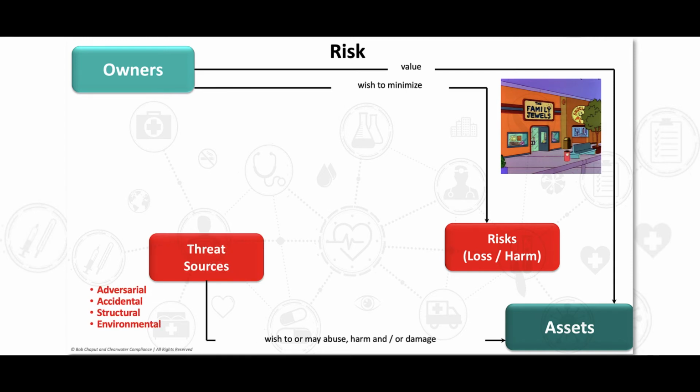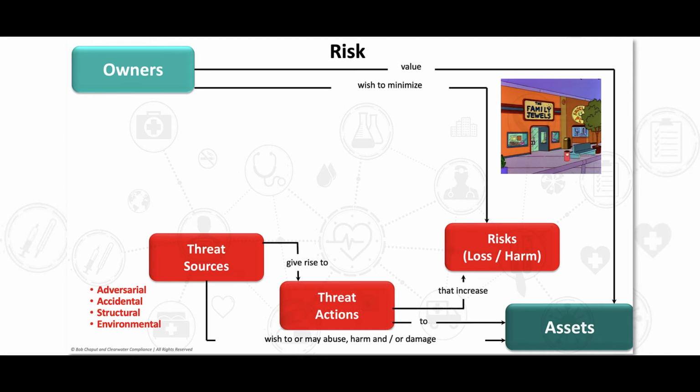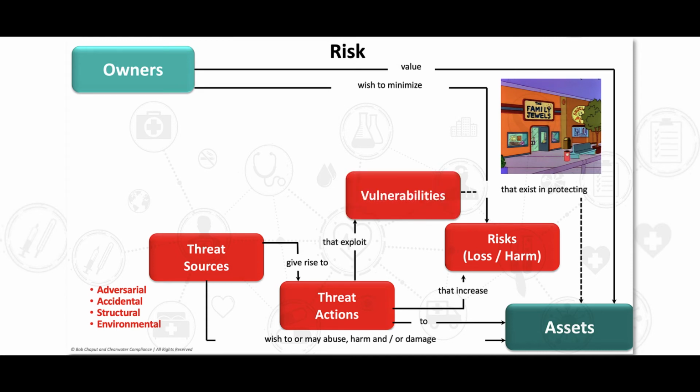Unfortunately, out of your direct control, there are threat sources out there, often bucketed in the form of adversarial threats, accidental threats, structural threats, and environmental threats. These threats give rise to threat actions that increase the possibility of loss or harm. Threat sources and threat actions are in the business of exploiting vulnerabilities that may exist in protecting your assets.